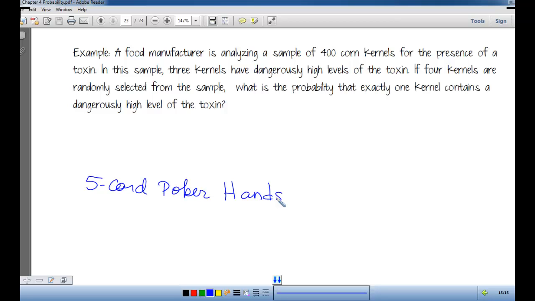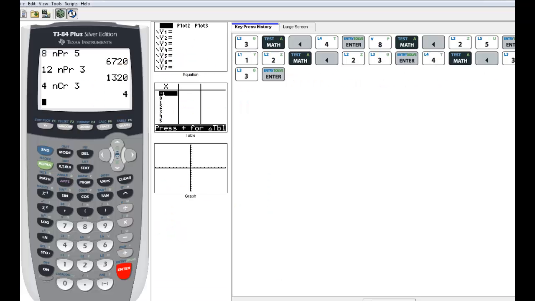Does the order matter? No, how you hold the cards in your hand, that doesn't make it a different hand. So the order doesn't matter. So what do you think we're going to do? We're going to do combinations. 52 C 5, which comes to be about 2.6 million.